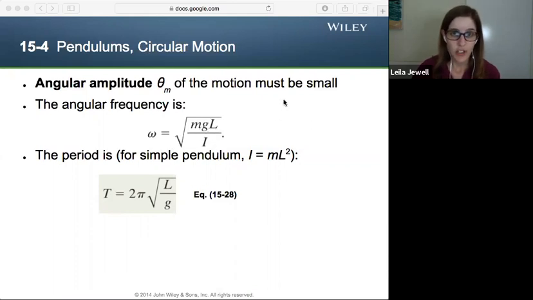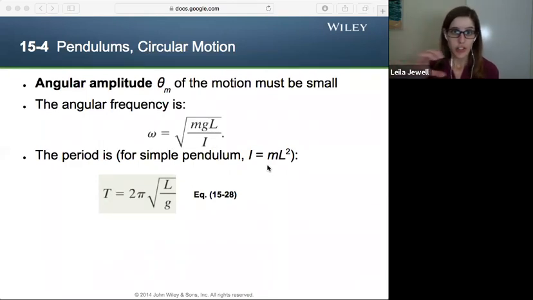Now note, we still are making the assumption that the angular amplitude is small in order for this to be true, but that gives us the angular frequency. And then if it's a simple pendulum, we know that the moment of inertia is just going to come from the mass on the end of it. We don't have to worry about the string.